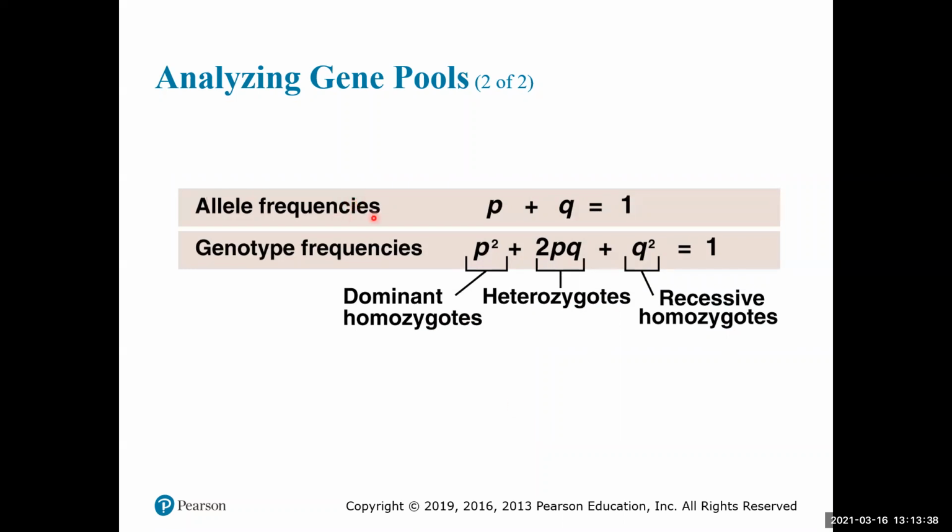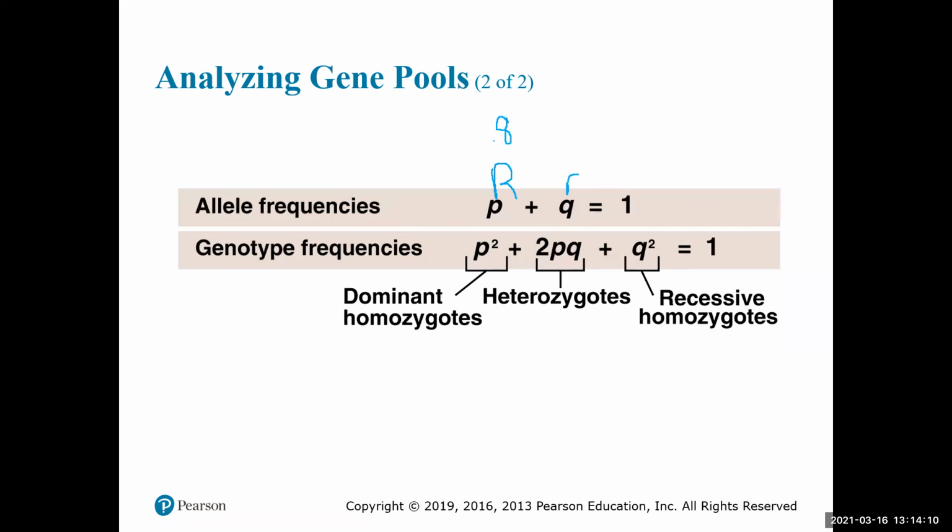So here we have allele frequencies. You have your P allele, which remember is your dominant allele, so uppercase R. Your Q allele is your lowercase r. And we already said that our dominant allele, which is red, is 0.8. Frequencies have to equal 1, so you can't have more than 100% in a population.